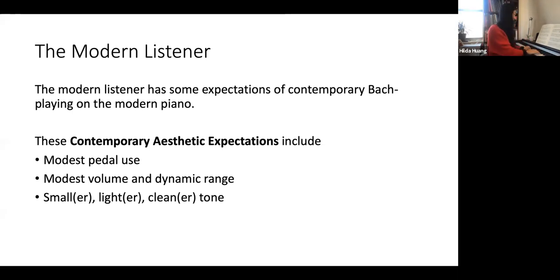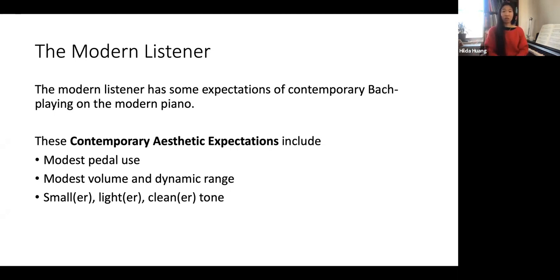For example, if you have 6 notes, it's always going to be louder than 2 notes. And Bach's writing, especially in contrapuntal music, doesn't have big chords like Brahms. It's not at the end registers of the piano where it's the loudest, it's in the middle register. So there's a relatively modest volume and dynamic range.